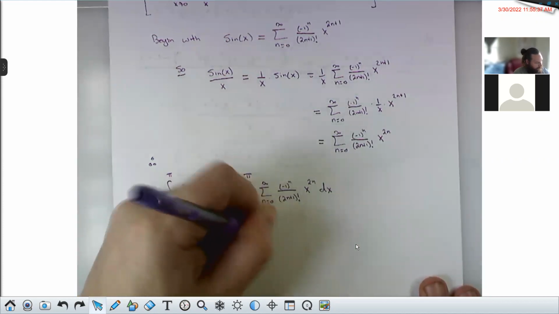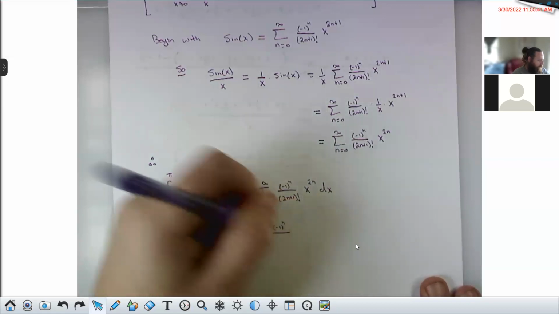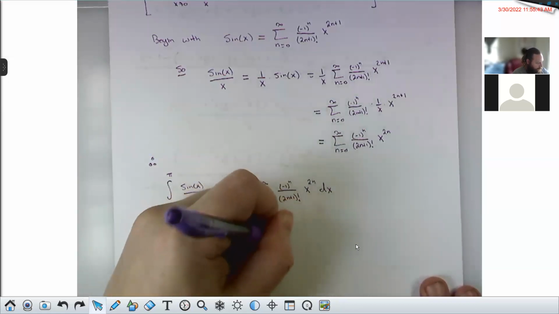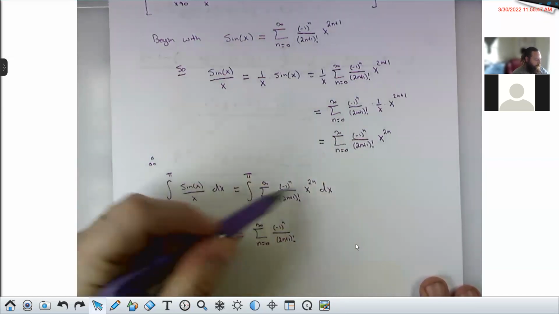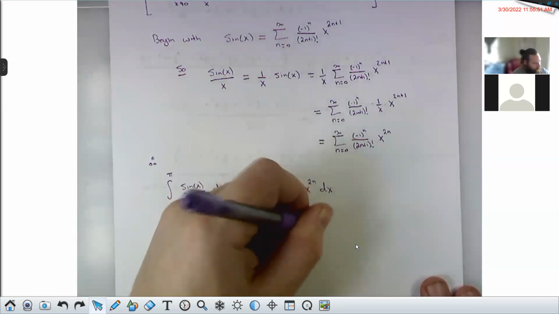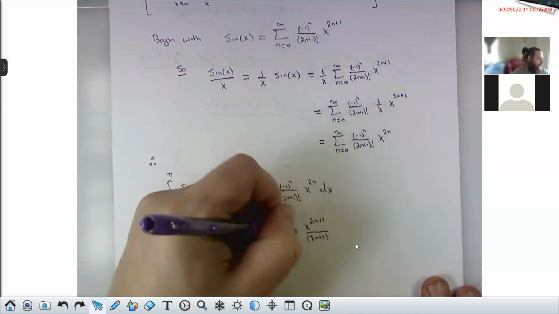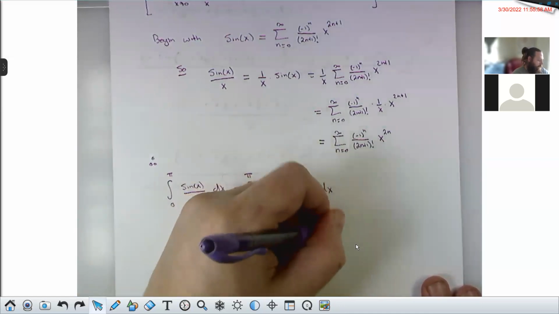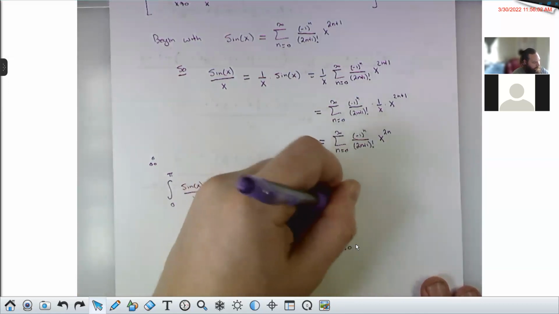We're going to take our result. This stuff stays the same. Integrate x to the 2n, you get x to the 2n plus 1 over 2n plus 1. And we're going to evaluate this from x equals 0 up to x equals pi.